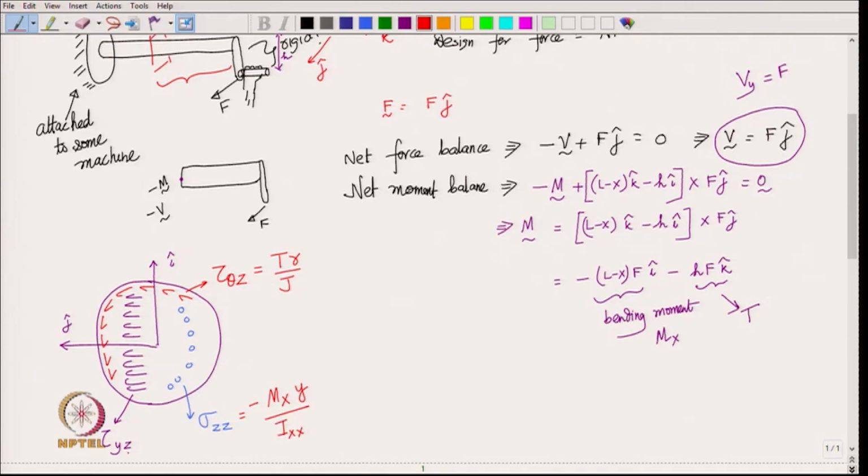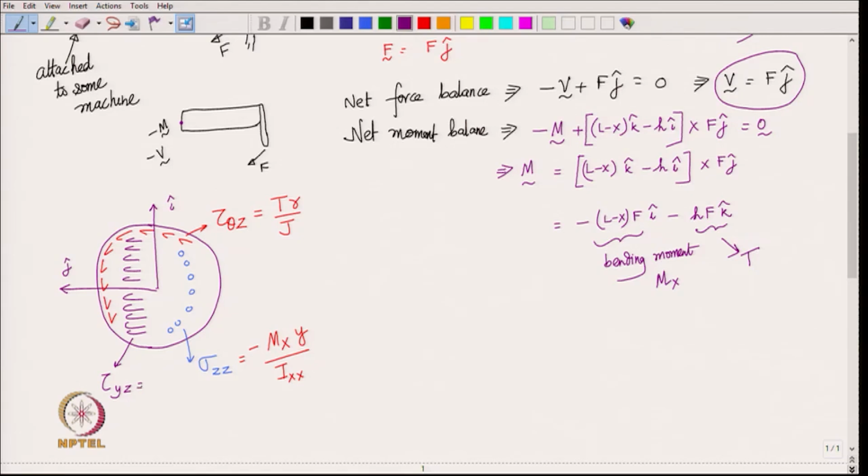And finally, what would be tau y z? Tau y z equals V y into Q y divided by I x x into thickness t x, correct.